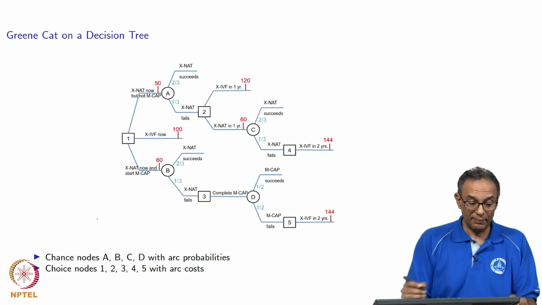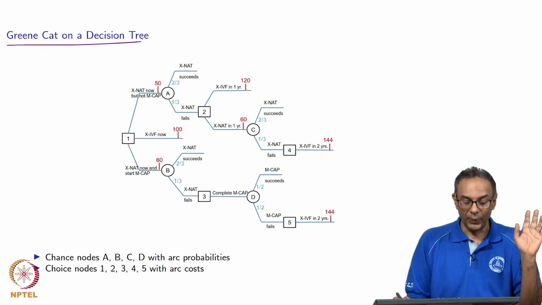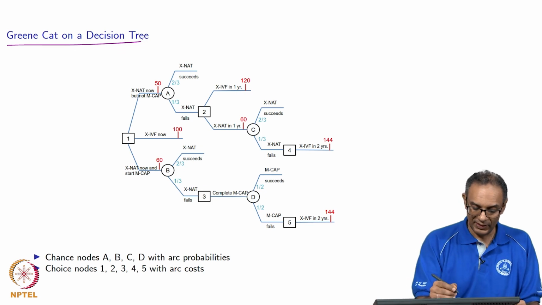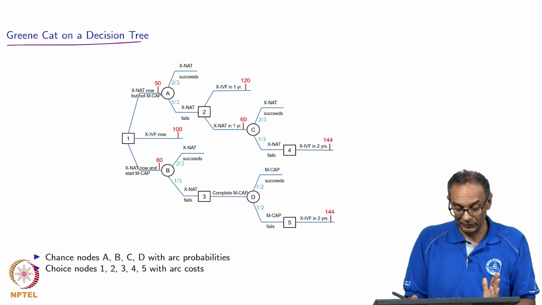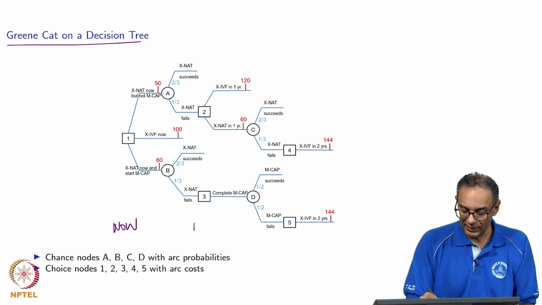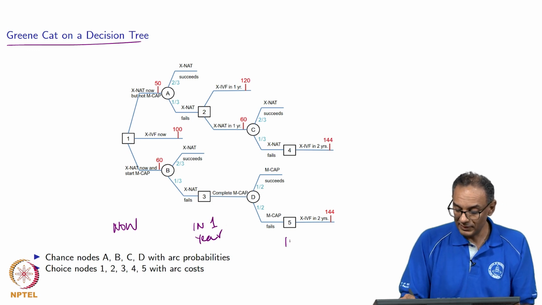So, remember the green cat example. If you don't, I would recommend just going back and quickly flipping through that example. So, this number 1 is your decision that you have to make right now. Okay, number 2, this is in 1 year, and this is in 2 years.